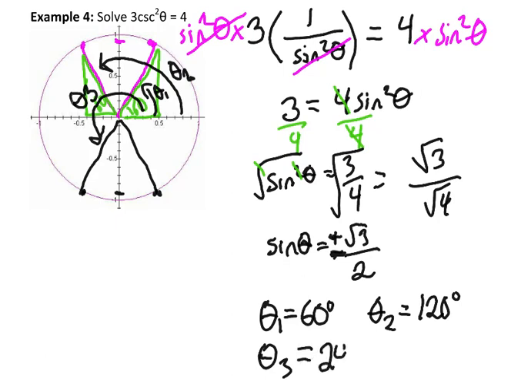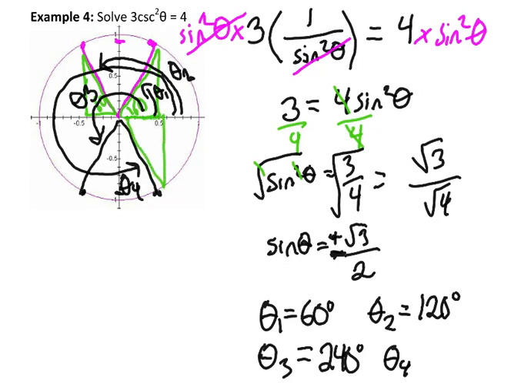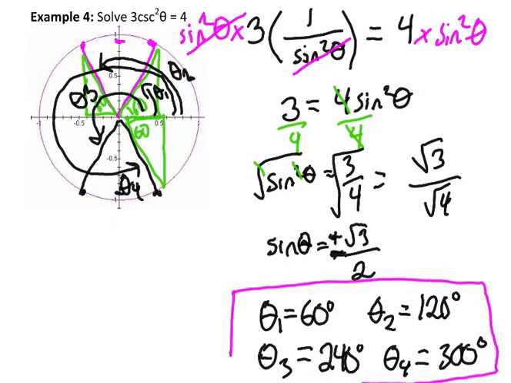So that must be 240. And the very last one, if I have room for it here, all the way around here, that's theta 4. Theta 4, you can see there's a 60-degree triangle in here. So it's 60 degrees shy of 360. So that means it must be 300 degrees. So those are my 4 solutions for theta to the equation 3 cosecant squared theta equals 4.